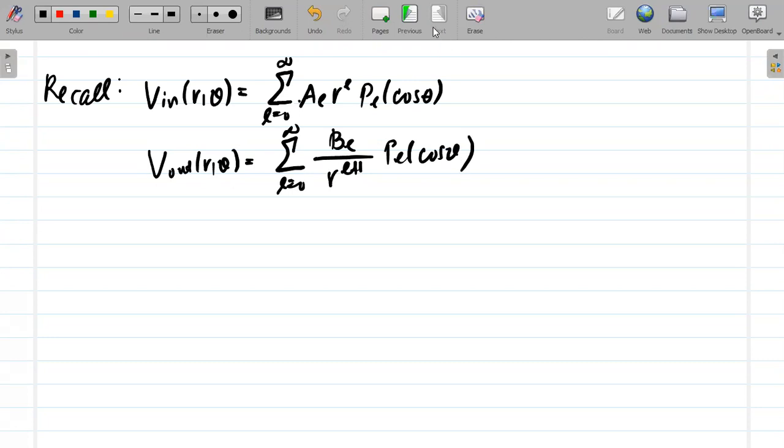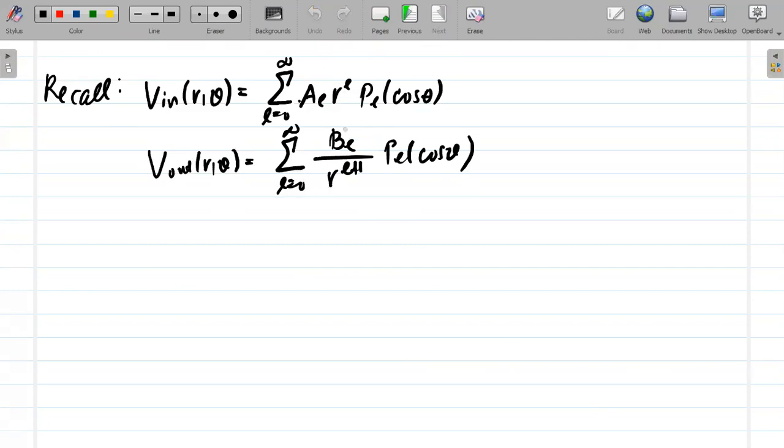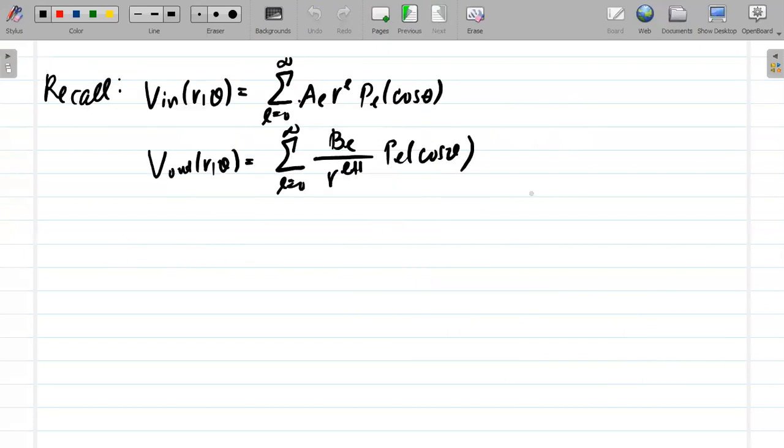Pero, meron pa tayong isang potential. Di ba at infinity class, nagva-vanish to? Zero to. Actually, meron pa tayong minus E naught R cos theta. Bakit? Kasi class, dito na papasok yung third boundary condition.